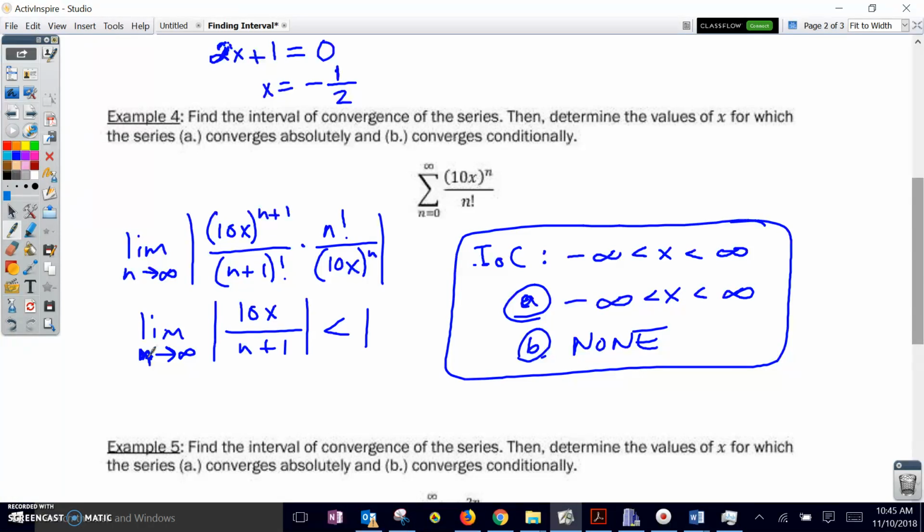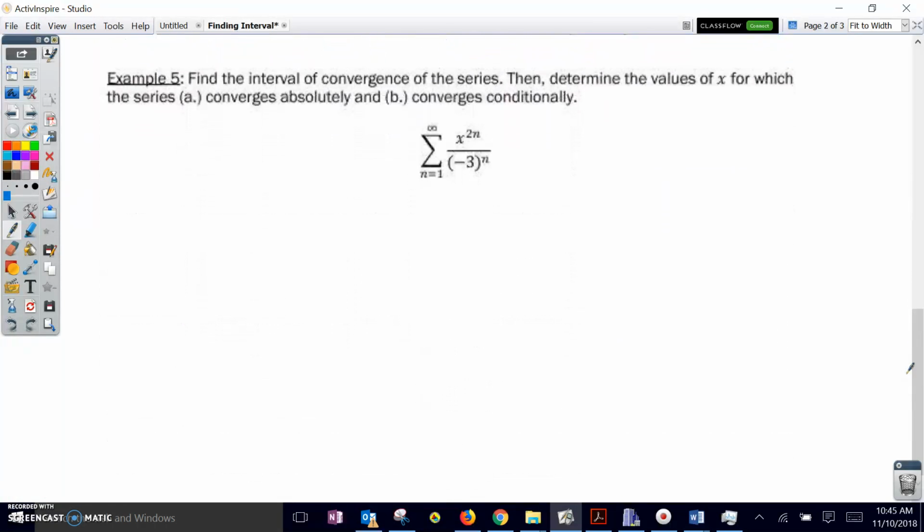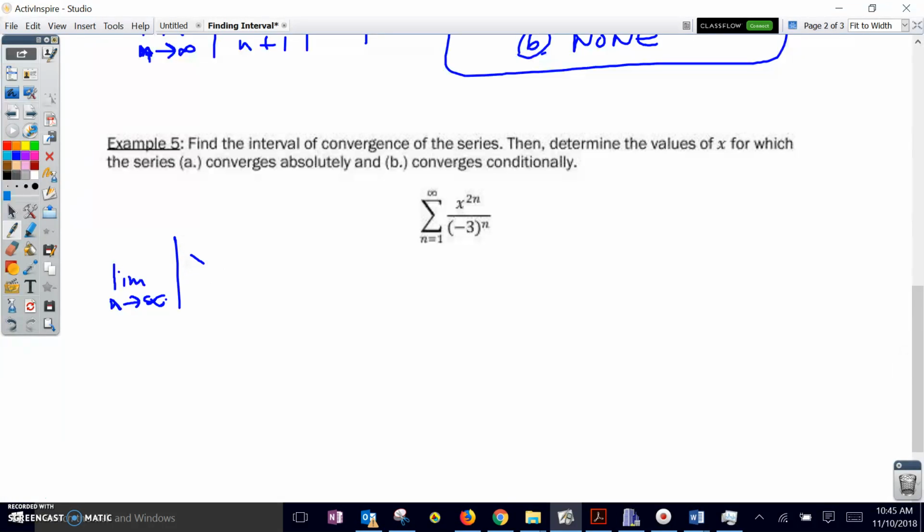Alright, so those last two are kind of quirky examples here. Let's look at the last one, find the interval of convergence of this series, then determine. So again, we're going to set up our ratio test. The limit as n goes to infinity of the absolute value of, scroll back up here a little bit, give myself a little bit more of an easy reach.